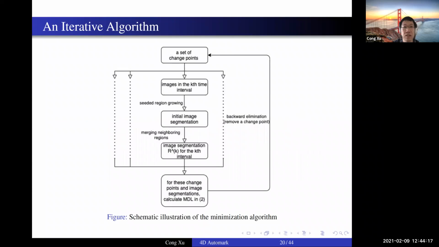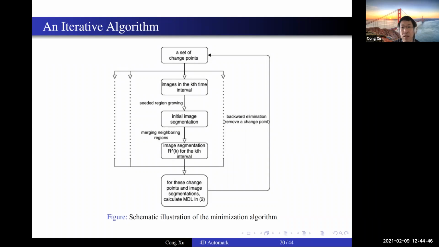So instead, we are going to do something approximate. We want to use some kind of greedy algorithm to help us find a local minimization of the MDL. The idea of the minimization algorithm is illustrated in this plot. First we start with a given set of change points.